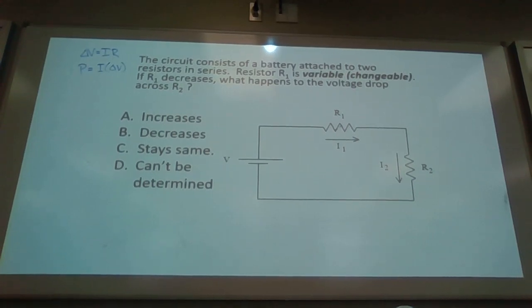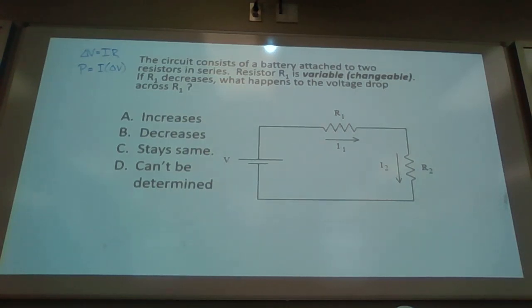Okay, correct answer is? Correct answer is decreases. This is going to go increases. Current goes up. Okay. So what about the voltage drop across R1? It's going to decrease because... Wait, I'm confused.